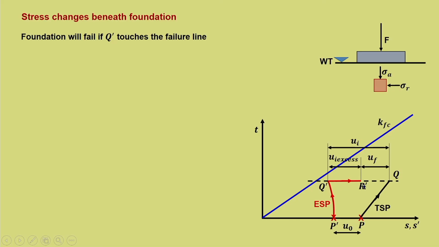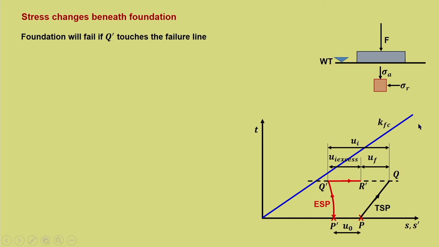I am talking specifically with respect to undrained condition, and if the foundation crosses this undrained period and the pore water pressure starts dissipating, you can see that the effective stress is moving rightwards, that is away from the failure line. So, does it fail? No, it can fail only when it touches the failure line.